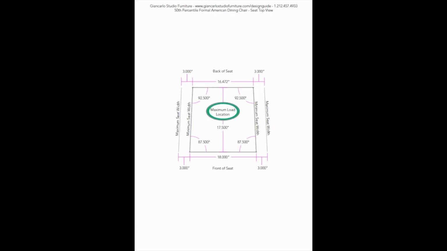Finally, we consider the seat top view, or bird's eye view. The seat top view provides critical information and dimensions for dining chair seats. The depth, or distance from the front of the seat to the back of the seat, must be 17.5 inches in length. Longer, and the front of the seat will dig into the back of the user's knee.